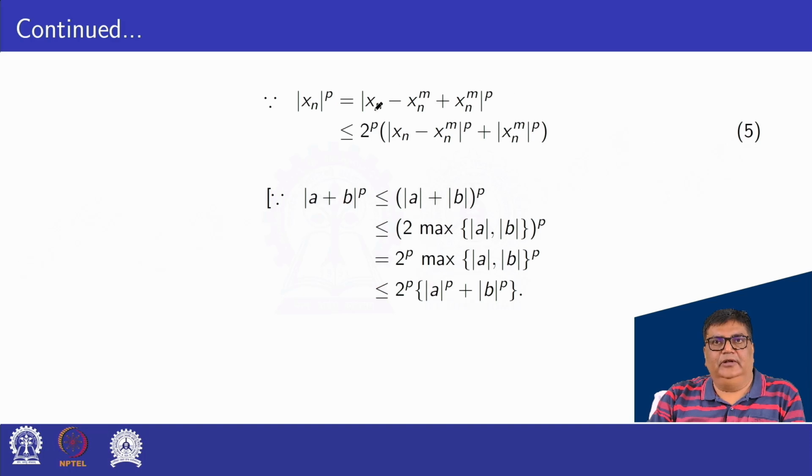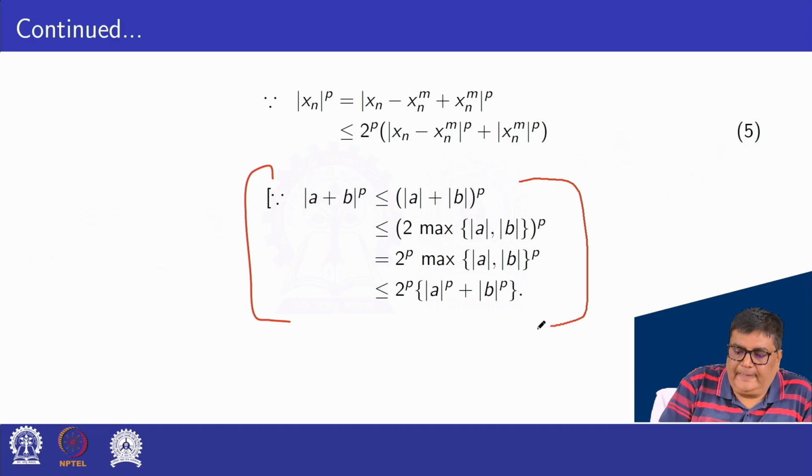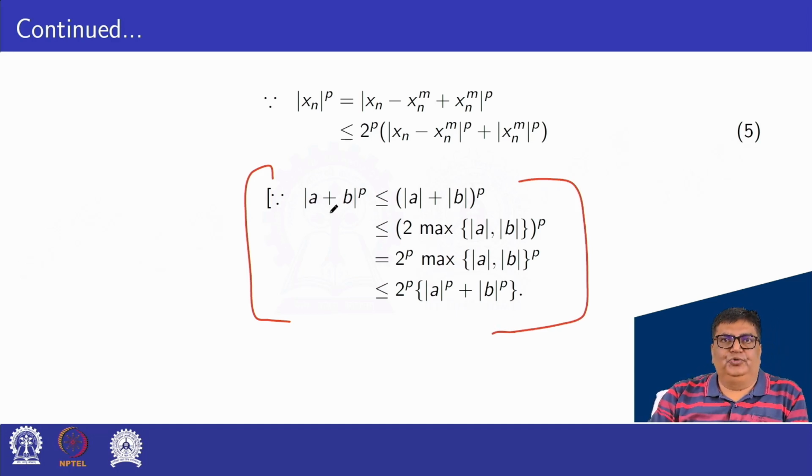How to write this inequality? Suppose two numbers a and b, then |a + b|^p is less or equal to the pth power of (|a| + |b|). Here with two numbers a and b, one may be greater or equal to another.